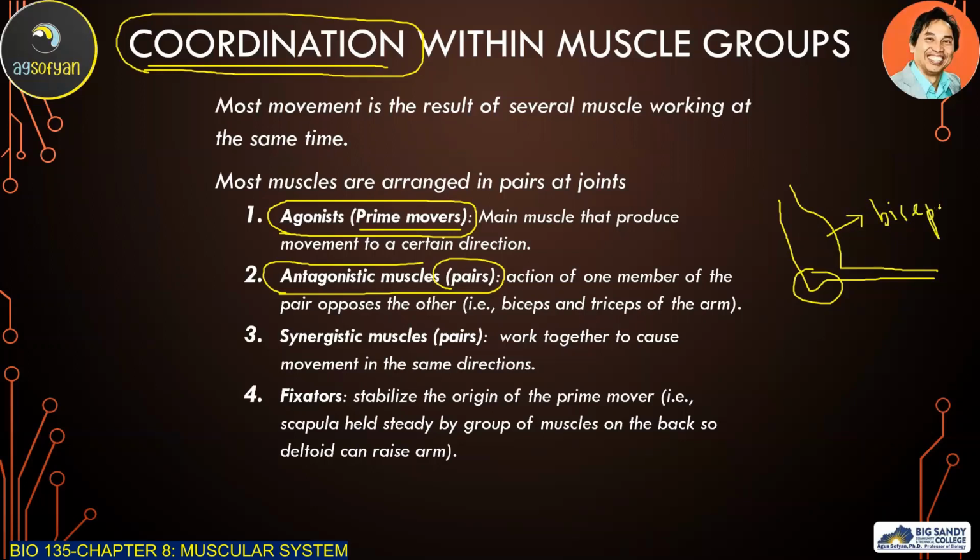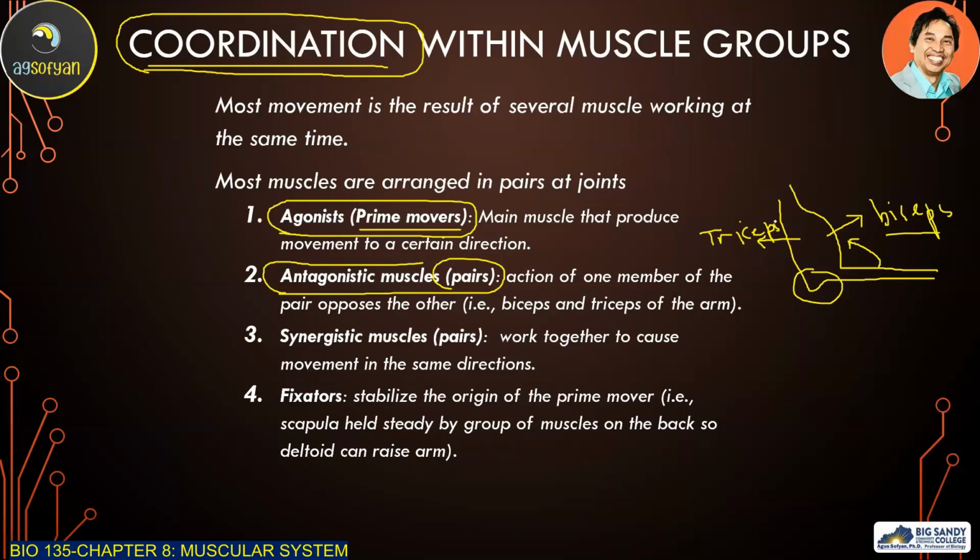And on the back of your upper arm, you have a muscle called the triceps. So when you flex your elbow, the bicep will be contracted, then the triceps should be relaxed. These two muscles are called the antagonistic muscles. One contracts, the other one will be relaxed.